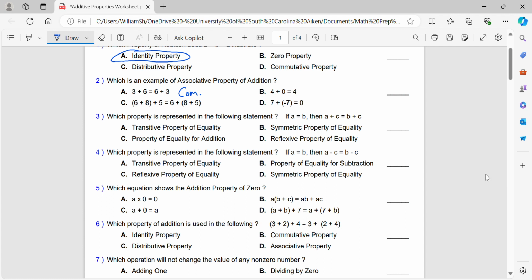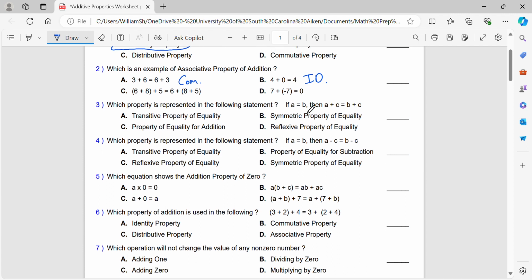If I look at B, 4 plus 0 equals 4, that kind of looks like the identity property, right? And if I look at D, 7 plus negative 7 equals 0, that might even look like some kind of version of the identity property. We didn't even go over that one quite yet.